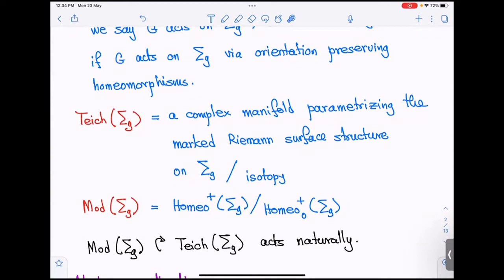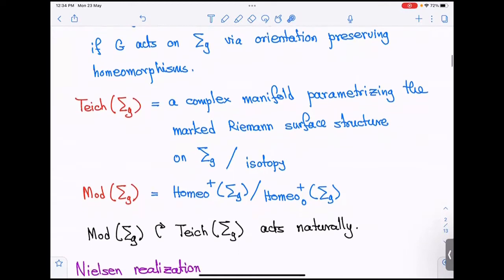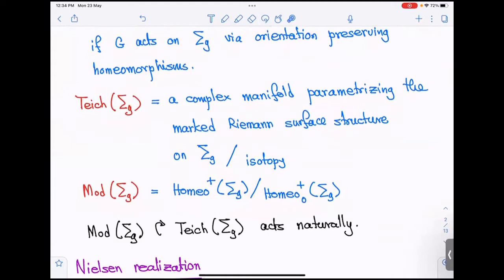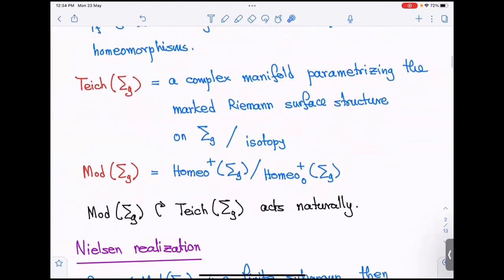Okay, so under this quotient, this becomes a complex manifold again of dimension 6g minus 6, that is very standard. And then there is another group, the mapping class group, denoted as Mod sigma g over here. So this is the group of all orientation preserving homeomorphisms on this sigma g modulo its identity component.